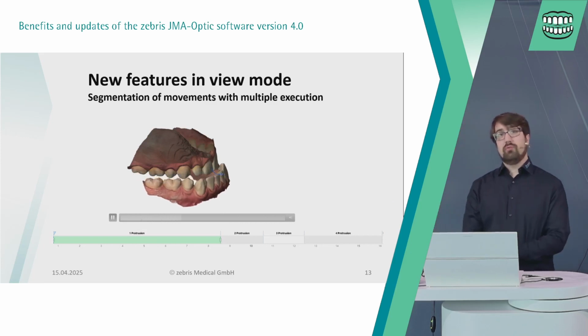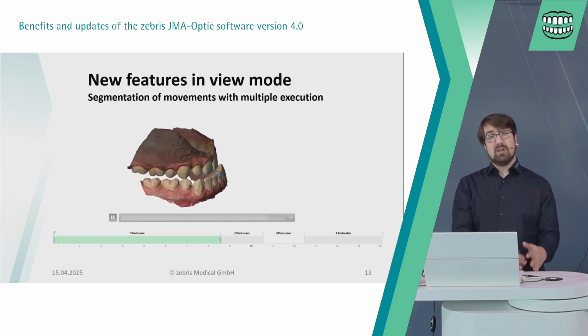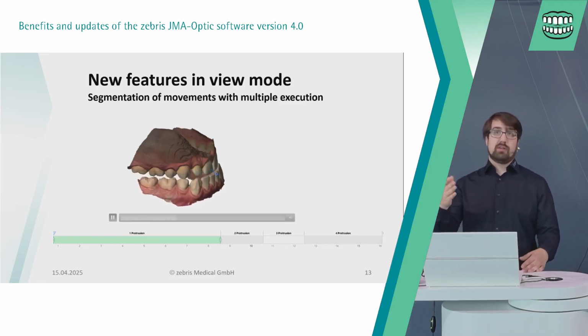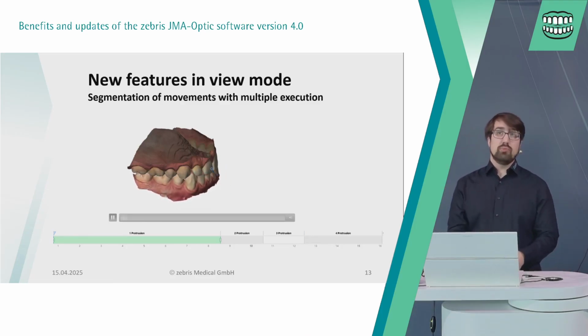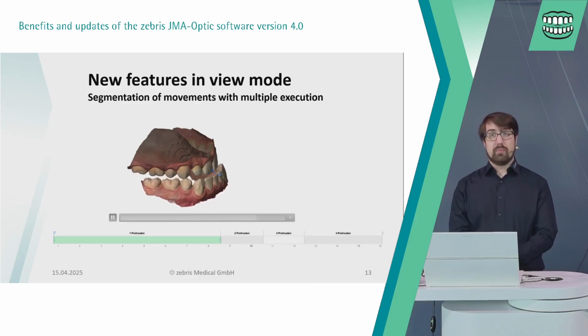With the new version, we make it really simple. You simply click start and say to the patient, move forward and back, forward and back, forward, back, and click stop. And in the viewer, you get 4 separated protrusion movements, which we use to calculate articulator values and parameters of your patient.